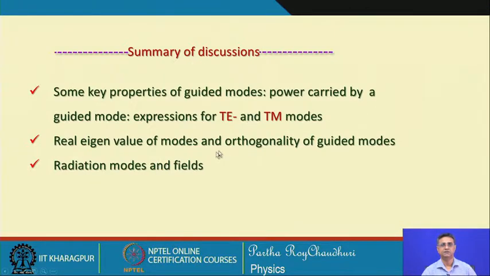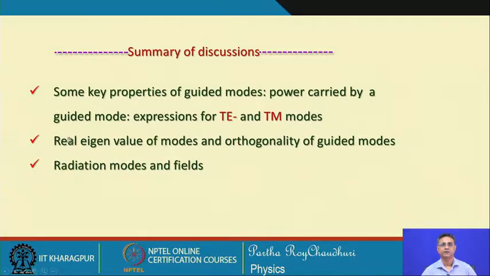In this discussion, we have discussed the power carried by the guided modes. We calculated it for the TE modes of a slab waveguide, for symmetric and antisymmetric field distributions. If we carry out a similar calculation for TM modes, we can also determine the power flow for the TM mode case.